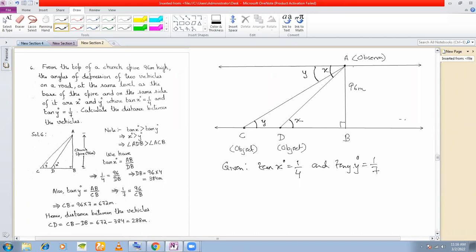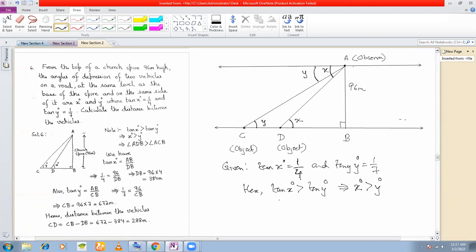Now which one is the greater angle? If you see, tan x degree is 1/4, right? And tan y degree is 1/7. So here tan x degree is greater than tan y degree, right? That means x degree is greater than y degree, right?